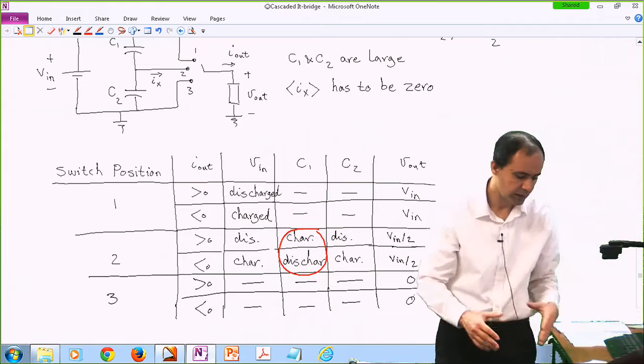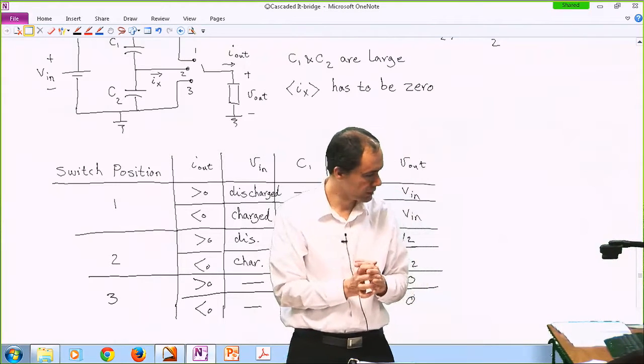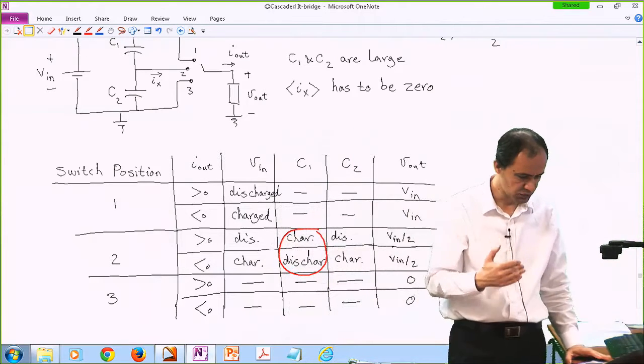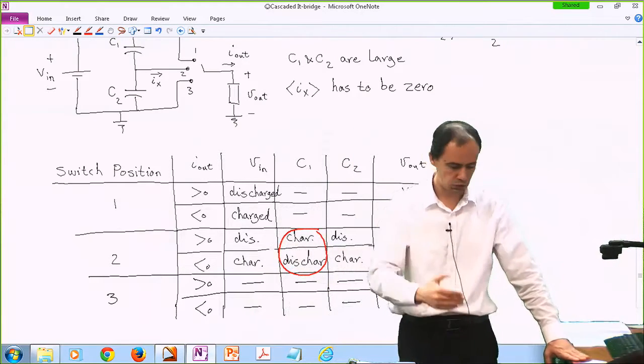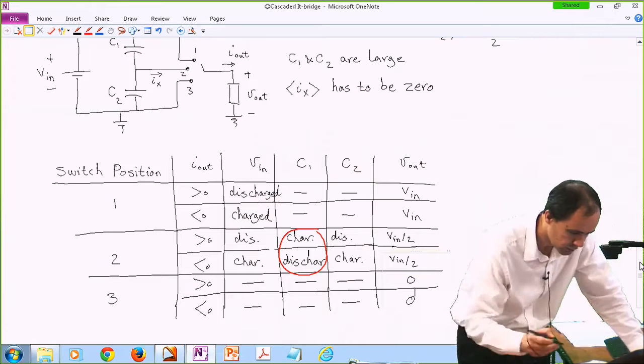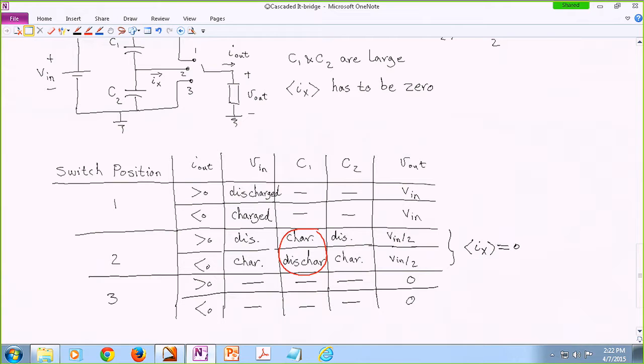So we can create these 3 levels using the 3 positions that are available to us, using only one source. And the levels are 0, half of the source, or the entire source, assuming that our Ix on average should be 0. So let me put it over here. On average, Ix has to be 0.